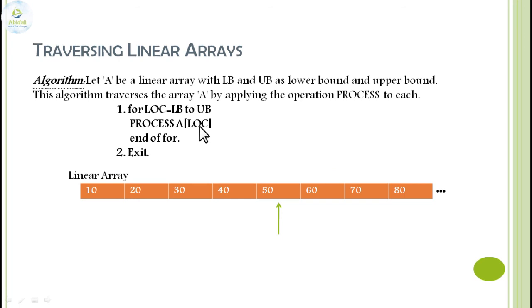The operation can be either an input operation or an output operation. That is, process is the operation on the array A at a position called LOC, where LOC begins with 0 and runs till n minus 1, that is size minus 1.